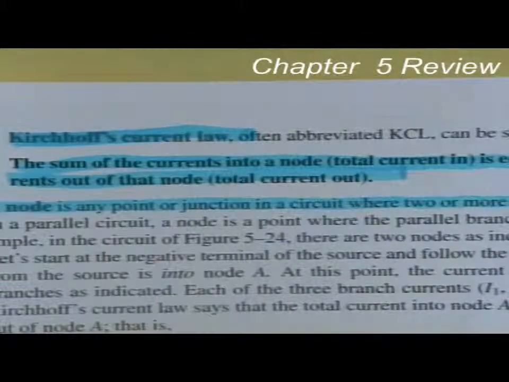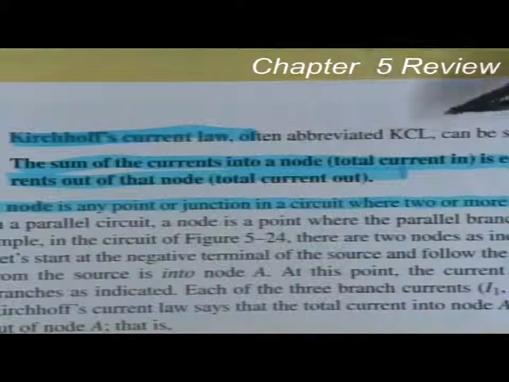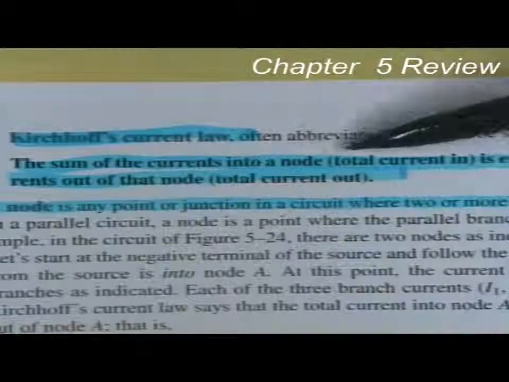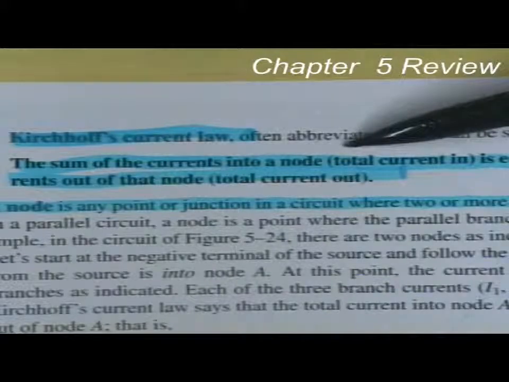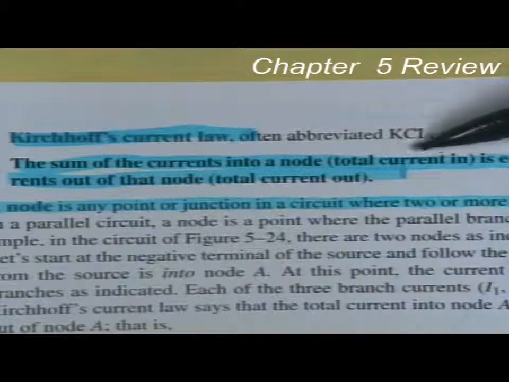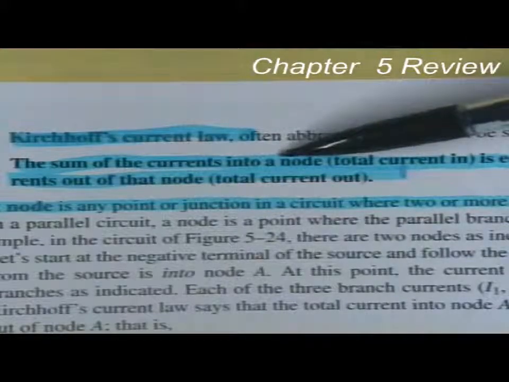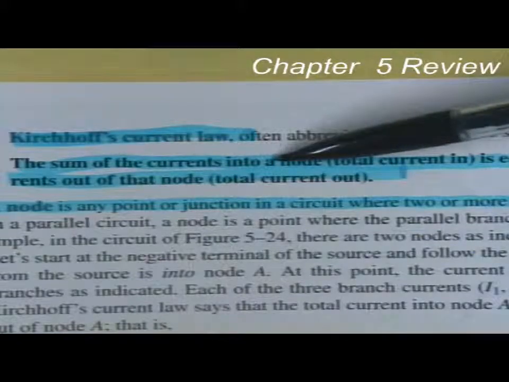Now Kirchhoff's current law says this, and it's abbreviated KCL. The sum of the currents in a node, remember the node is the point where the current goes into a parallel circuit and divides. The total, that's the total current in, is equal to the sum of the currents out of that node. So the currents into the node are going to be equal to the currents out.